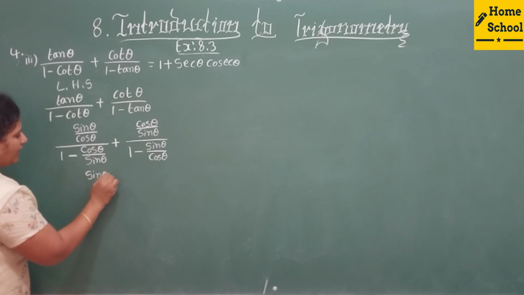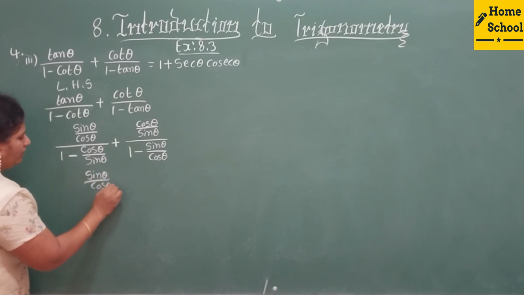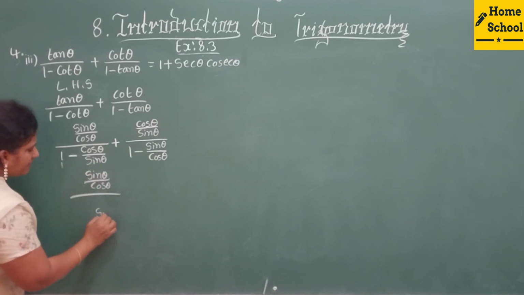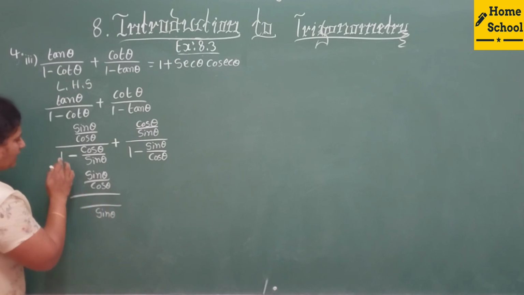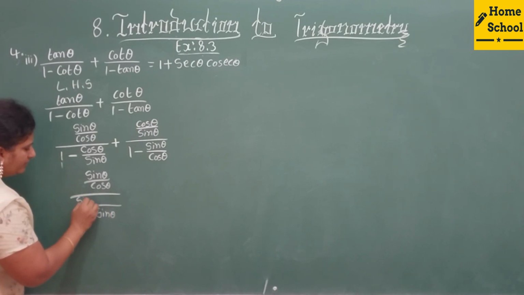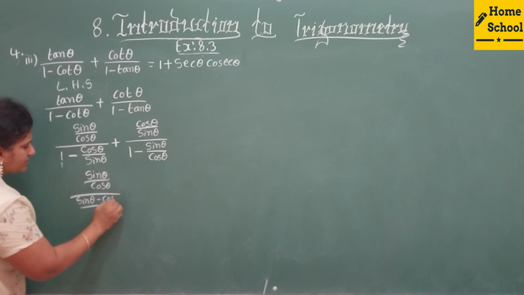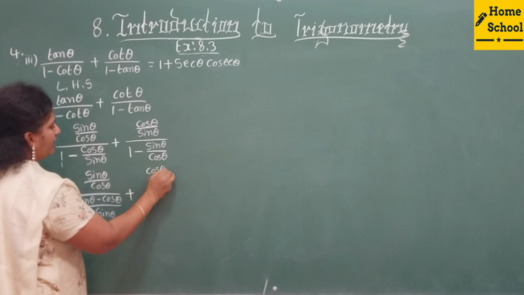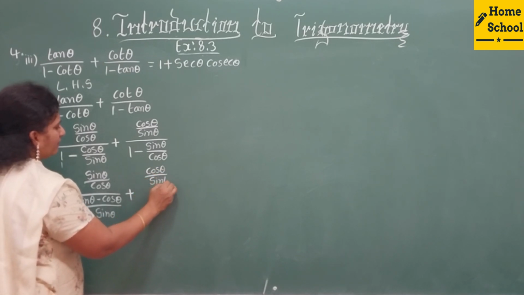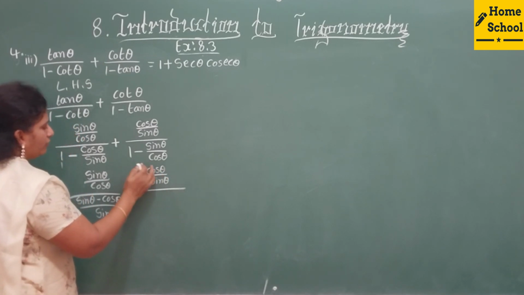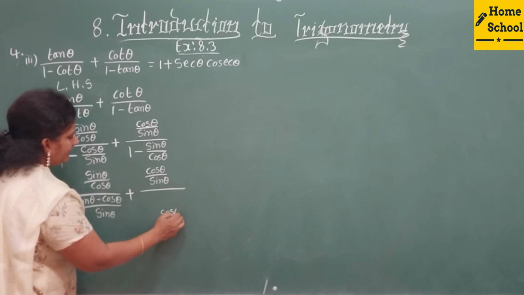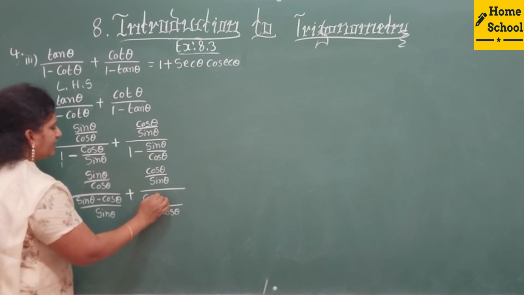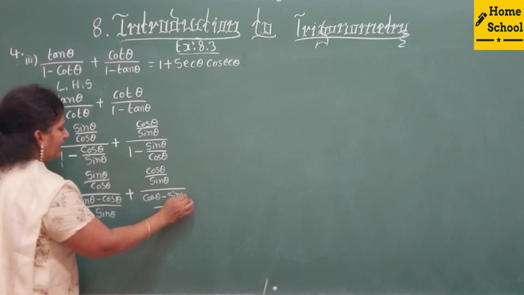Sin theta by cos theta, whole divided by 1 and sin theta, the LCM is sin theta. Multiply 1 by sin theta: sin theta minus cos theta, plus cos theta by sin theta divided by, do your LCM, cos theta, and again cos theta into 1 will be cos theta minus sin theta.